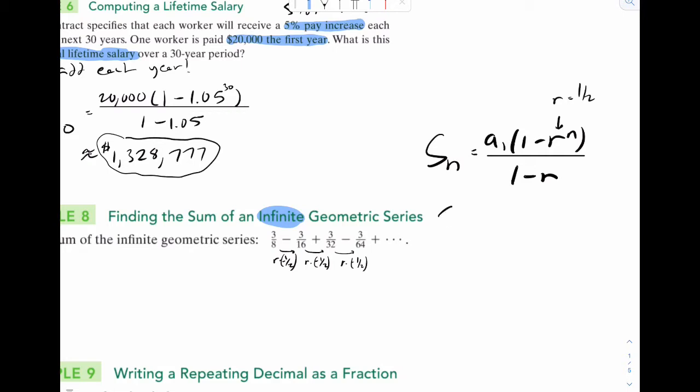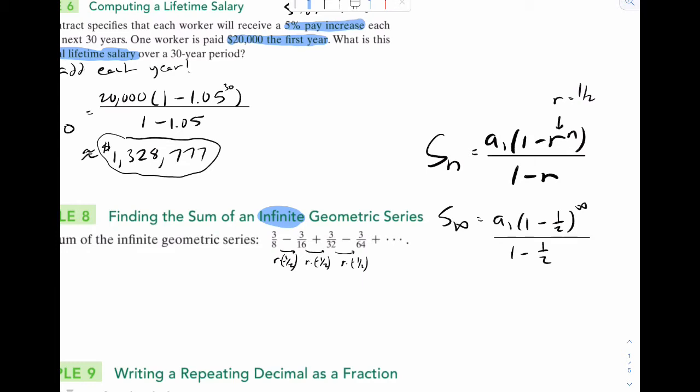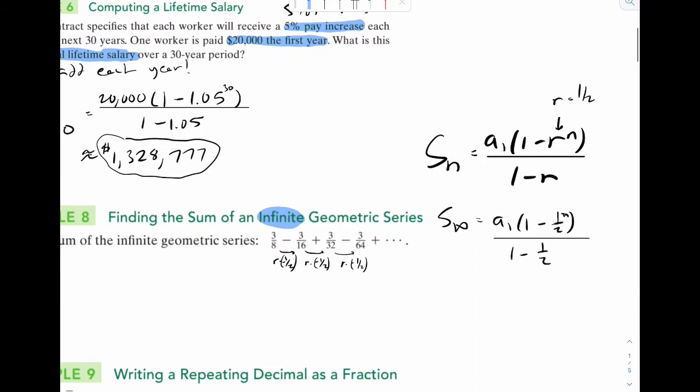If we actually go to infinity, a1 times 1 minus, imagine we actually did that, 1/2 to the infinity, well, 1 minus, and this is 1/2. Sorry, that infinity should be right there. This piece right here we learned in our limits chapter. 1/2 to the infinity power, that basically goes towards 0. So this thing actually doesn't even matter.